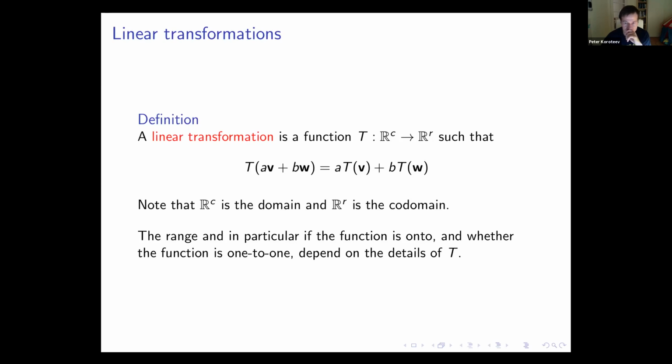And what we're going to do is study different examples for details of the function T. Then we can understand what the domain, codomain, and kernel are. There's also a co-kernel, but let's talk about that later.